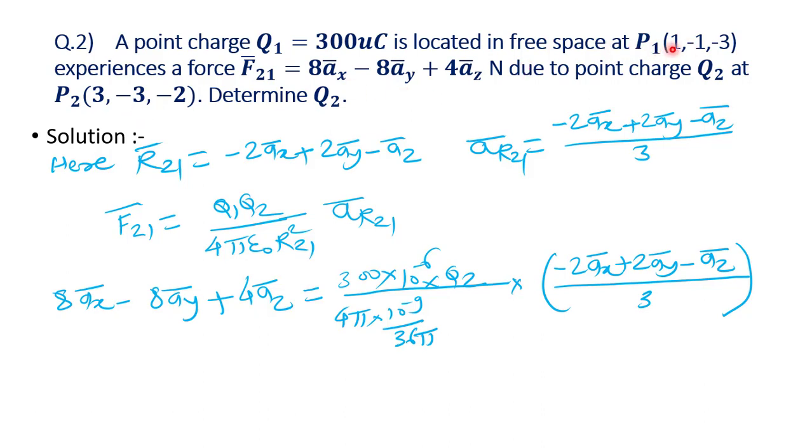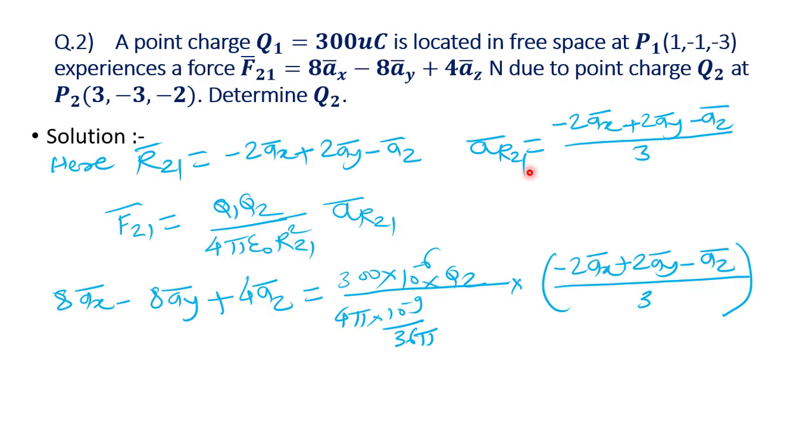So 1 minus 3 is minus 2, so minus 2ax bar, then minus 1 minus of minus 3, therefore it is plus 2ay bar, then minus 3 minus of minus 2, therefore it is minus 1az bar.